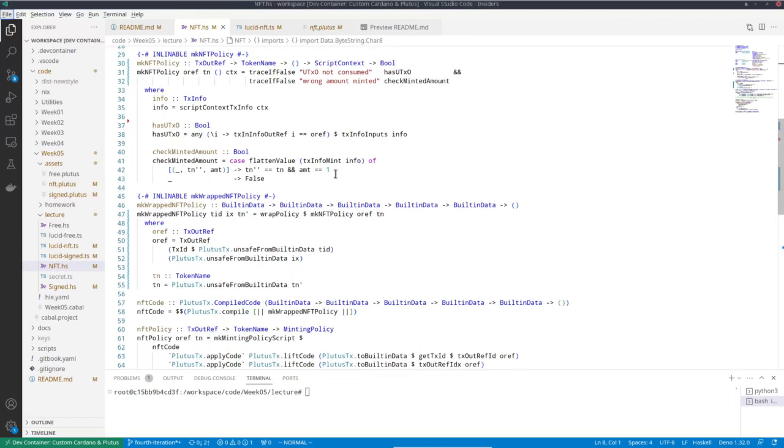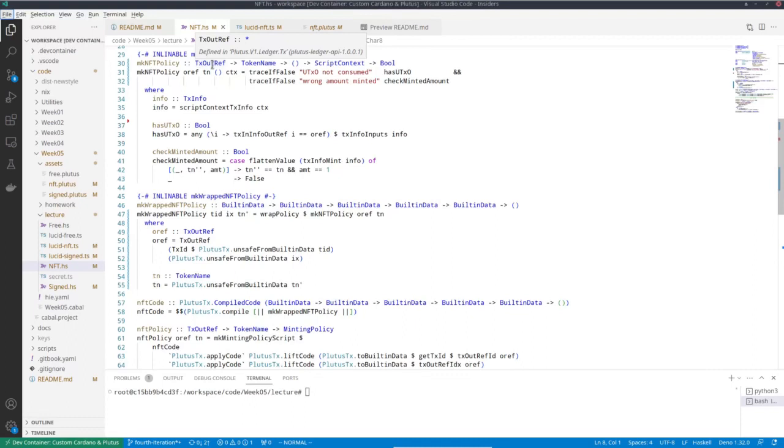So now we have to convert this again into an untyped version. Again, for reasons of making it easier to work with in Lucid, I did something unusual that I normally wouldn't do. Normally I would just have two parameters here, one of type TX_outref, one of type token name. Now I changed that into 3 parameters, all of type built-in data. The idea is that TX_outref actually is a record type where the first field is a transaction hash, the transaction ID, and the second field is the index.